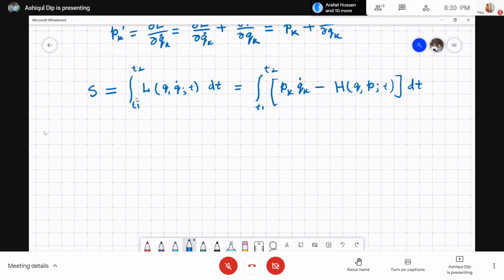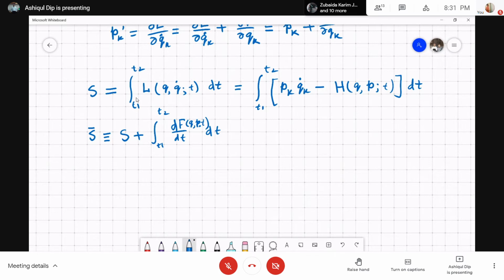We call it S bar, which is defined as the previous S plus a number, which is the integration from T1 up to T2 of df over dt, where f is a function of q, p, and t. We can do that, right?